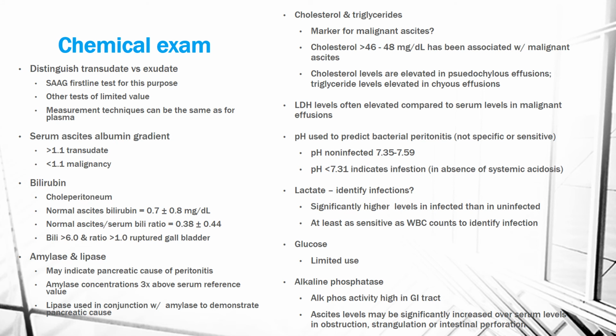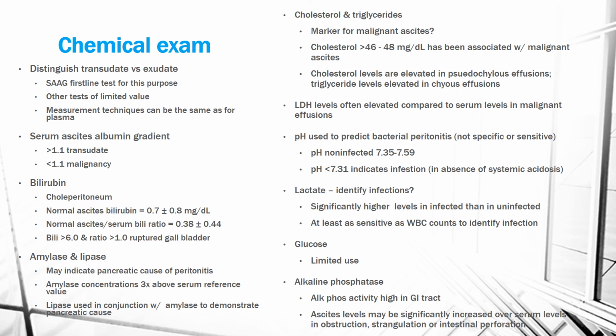So there are a whole bunch of markers available. Your hospital will not use all of these. They will pick one or two of them in order to differentiate transudate from exudate. And remember, that's our major purpose, okay? The first line, or the most common test that we use, is still the proteins, albumin.